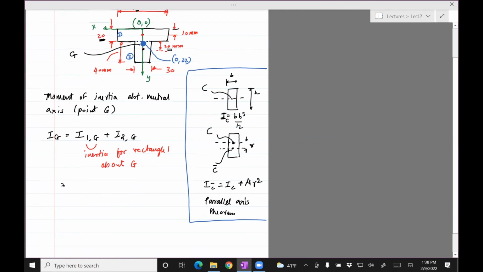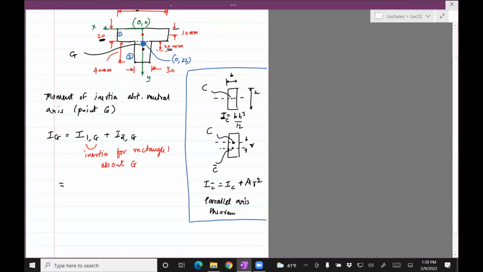Okay, so let's do that individually. First I'm going to use this formula here.